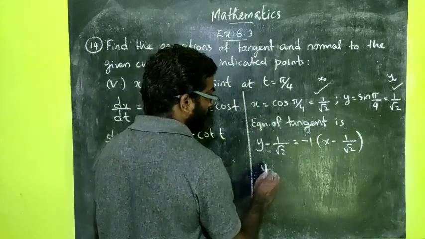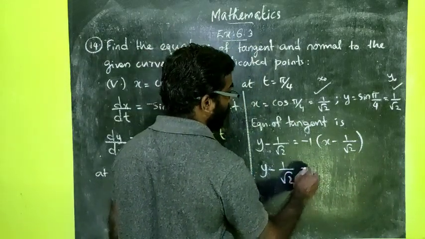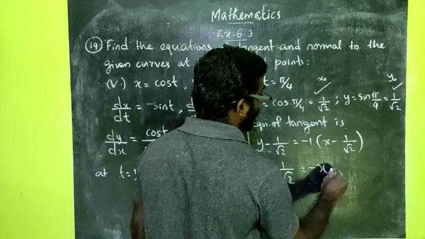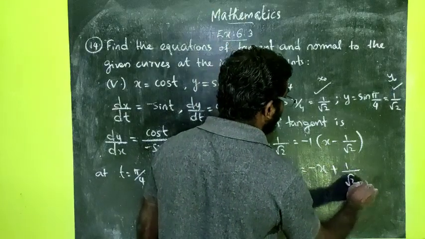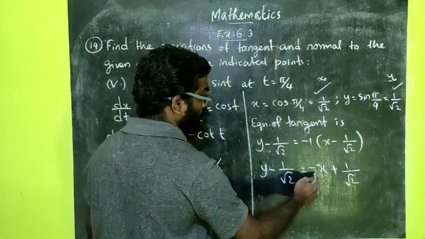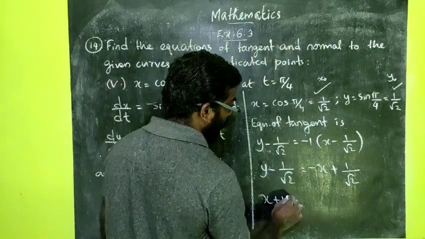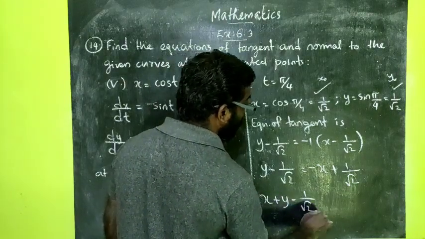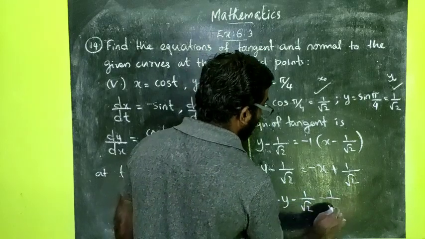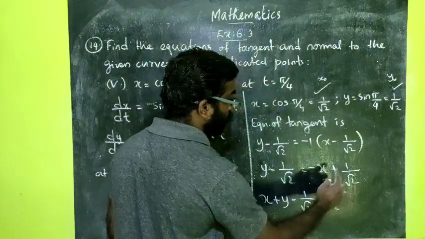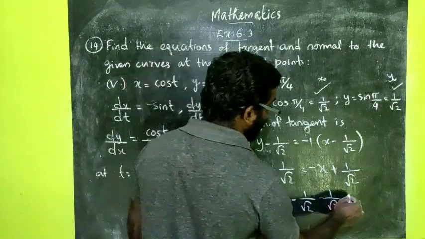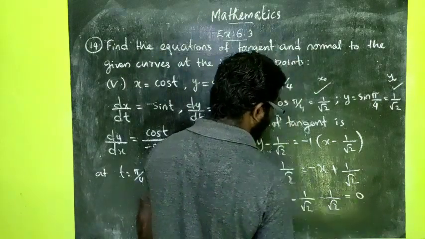Okay. So which implies y minus 1 by root 2 is equal to minus x, minus into minus plus, plus 1 by root 2. Now we can take this minus x to the left side, that is plus x plus y minus 1 by root 2, then again minus 1 by root 2. This plus 1 by root 2 comes to the left side, it becomes minus 1 by root 2, which is equal to 0.